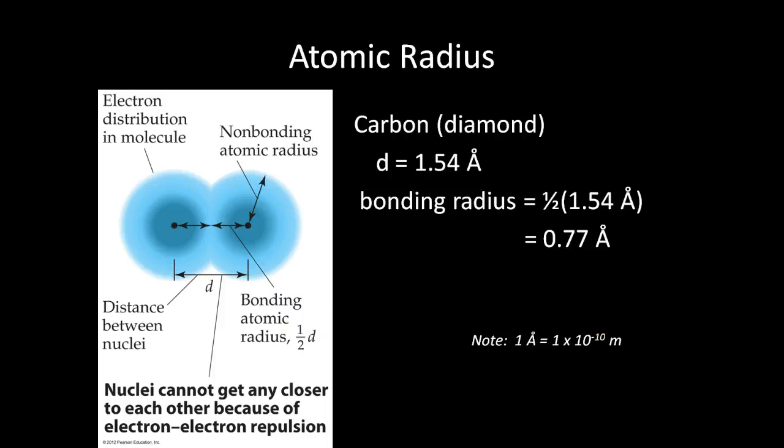Okay, so that's the bonding distance, and it is governed by the effective nuclear charge of the atoms, and it is also governed by how many electrons that those particular atoms have.